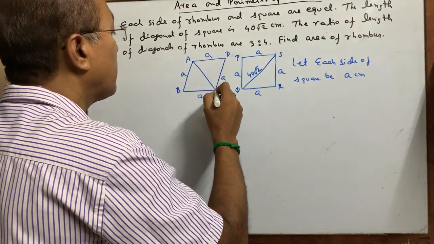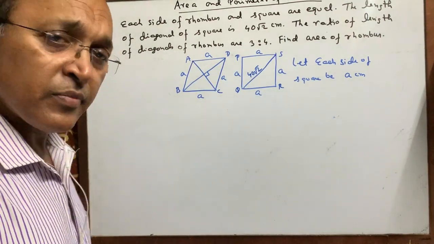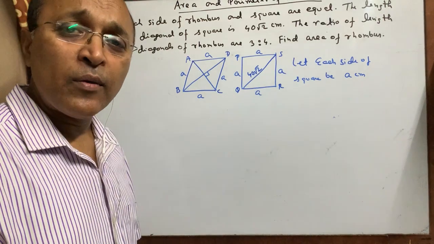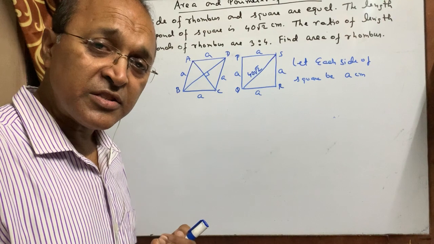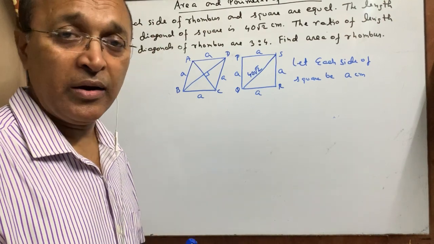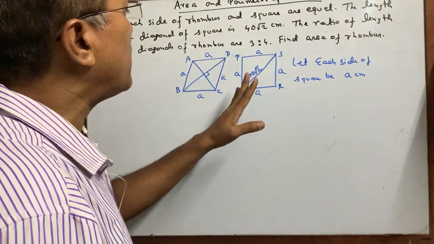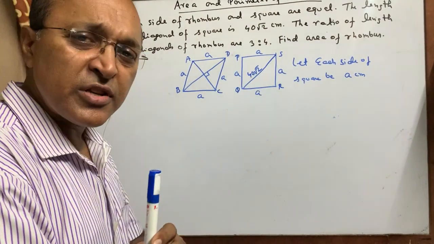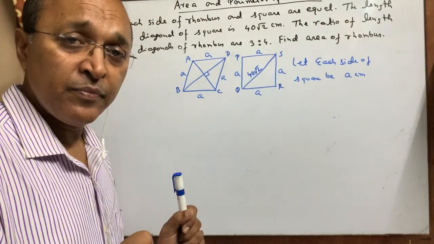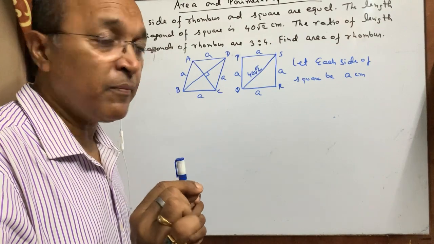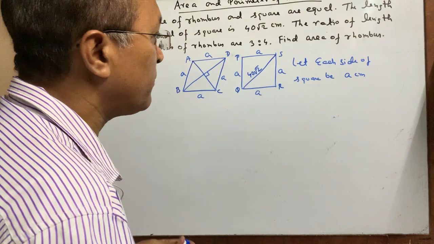And the next important point is two diagonals. All of you know that two diagonals of rhombus bisect each other perpendicularly. So what is given? After considering each side of rhombus as well as each side of square as A, diagonal of square is given as 40 root 2.